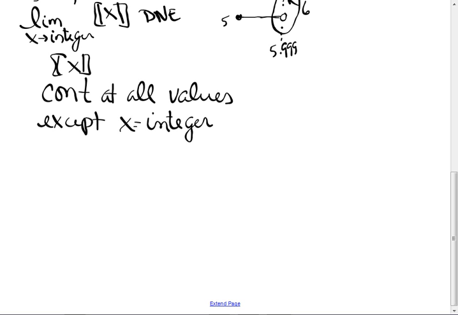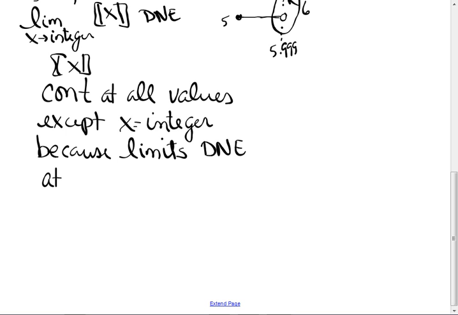Because the limits don't exist there. You might have to say the limit from the left is not equal to the limit from the right. Not exist at the integers. That would be your answer.